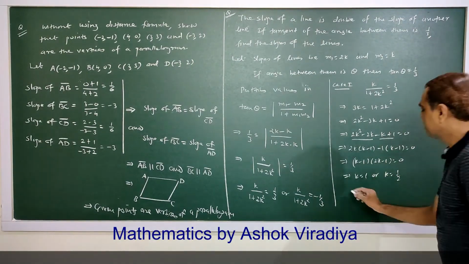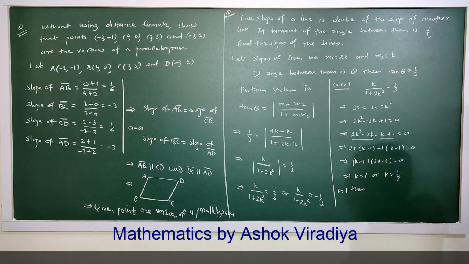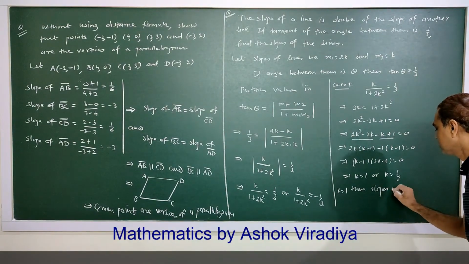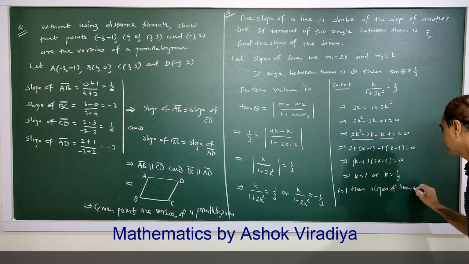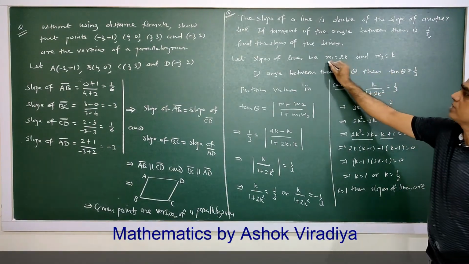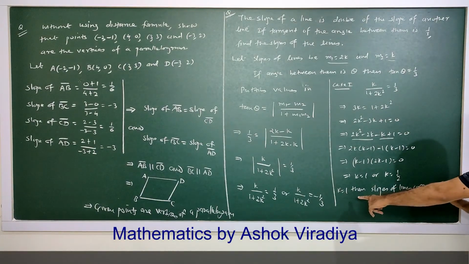So if k is 1, then the slopes of lines are, we supposed 2k and k, so 2k is 2 and k is 1.